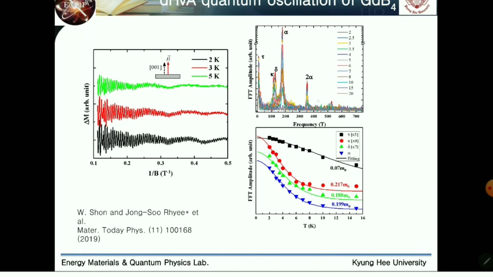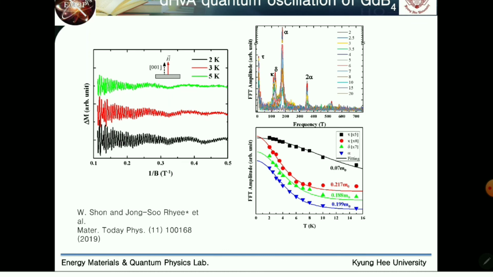And then, for example, for the alpha, tau, kappa, delta pockets, the alpha pocket has a temperature dependence, and this fast Fourier transform amplitude decreases like this.